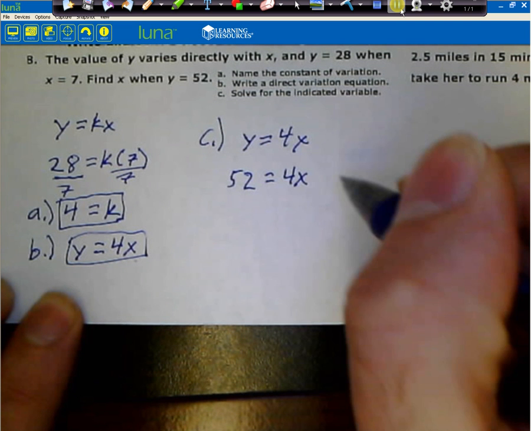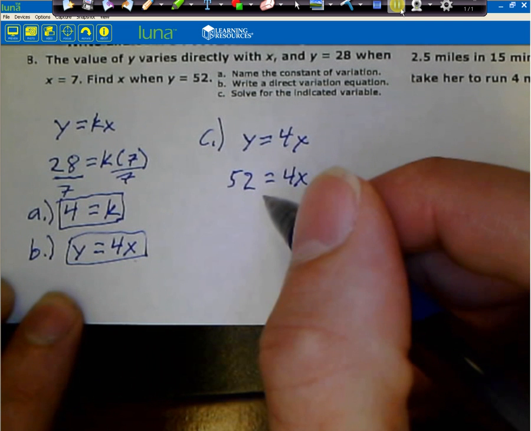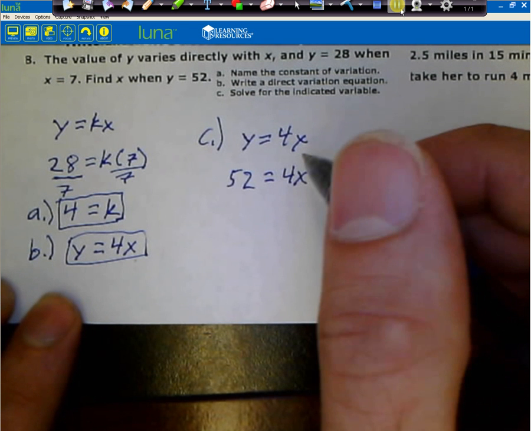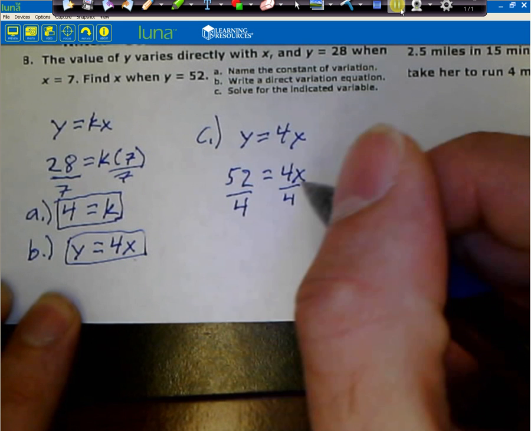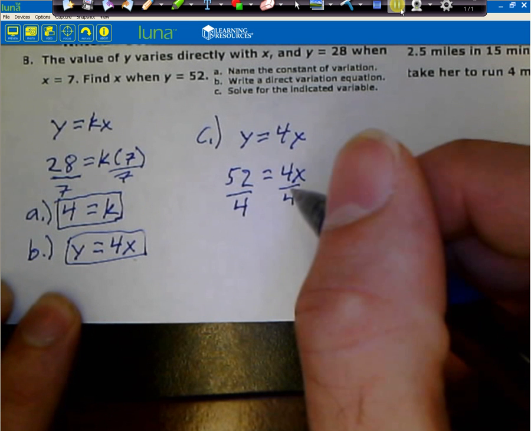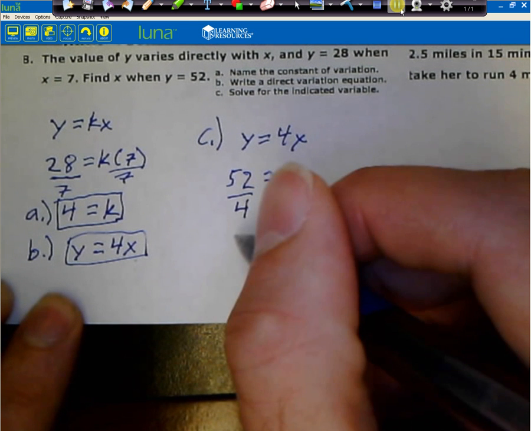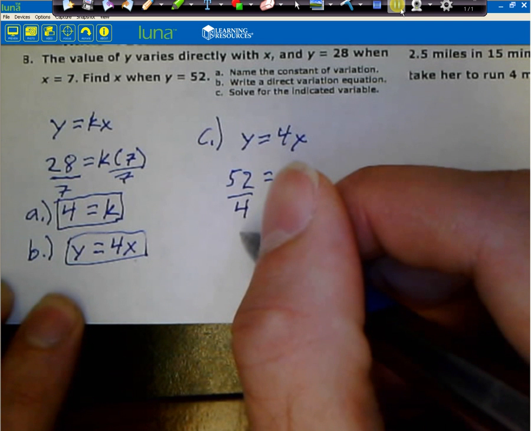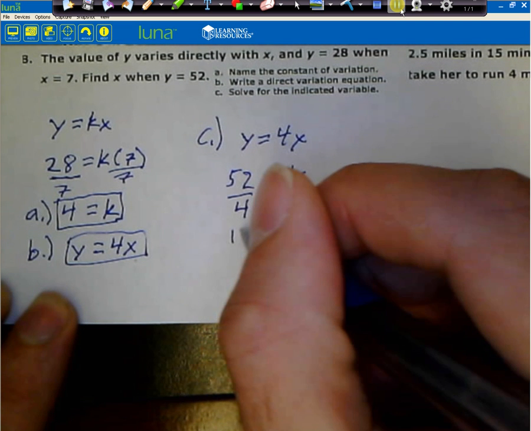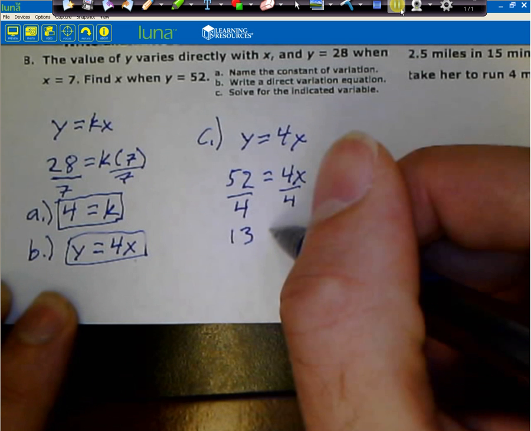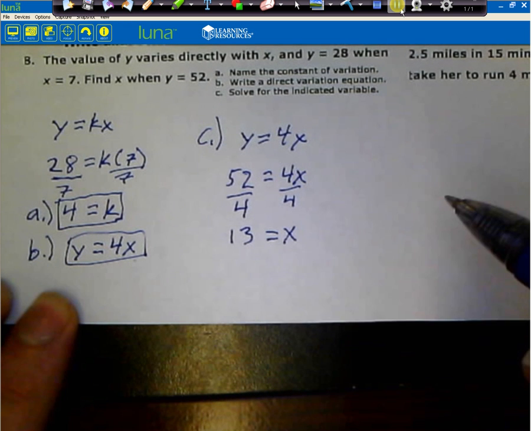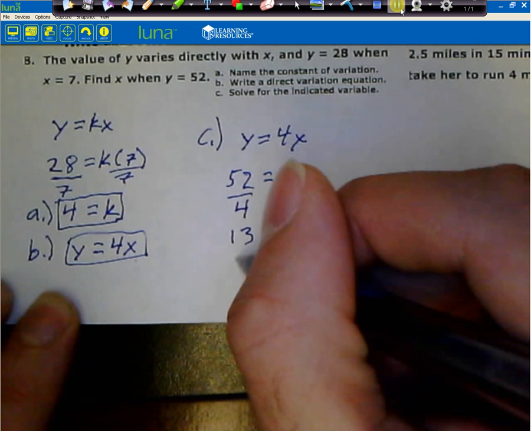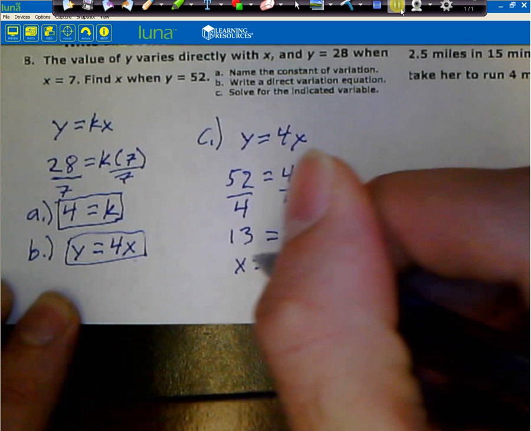How do I know it's 52? Because it tells me that y is 52. Now, all I need to do is solve for x, which we can easily do by dividing both sides by 4. So that means that x is 13, if my mental math is correct. So 13 equals x, or x equals 13.